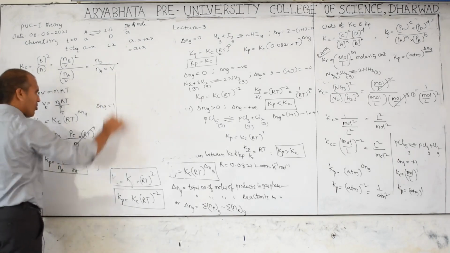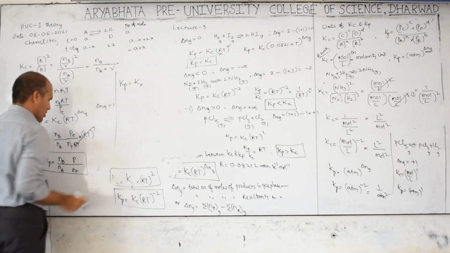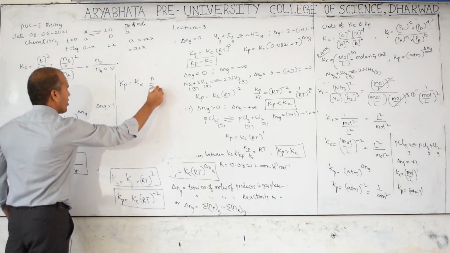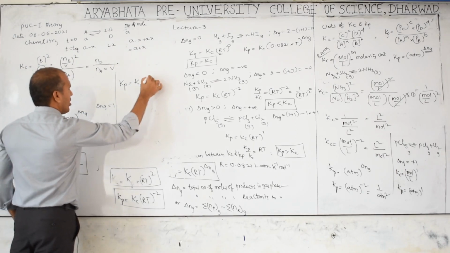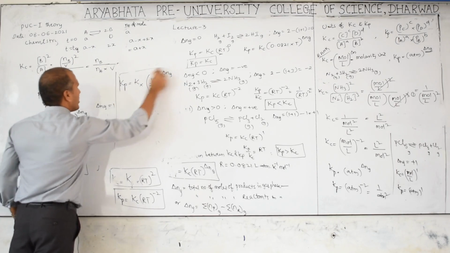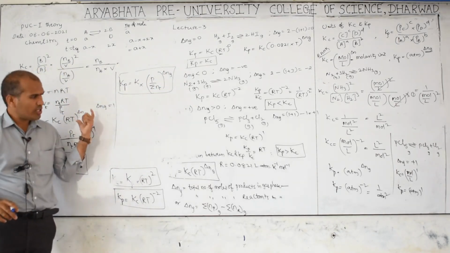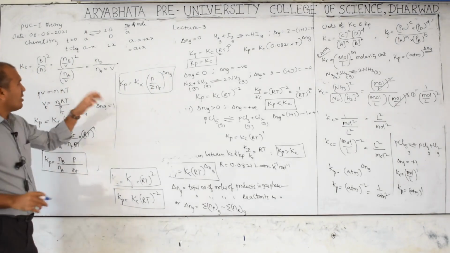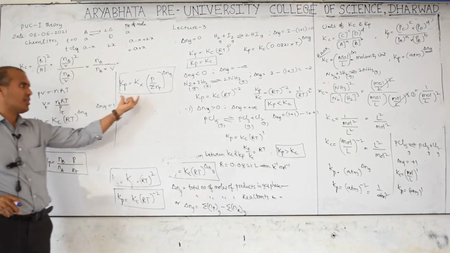So the generalized form can be represented as Kp is equal to Kx and P by total number of moles, Nt meaning total number of moles at equilibrium, whole power delta Ng. Like this the relation also will be there, but this equation will not appear in your textbook. For competitive exam purposes this is important. This I derived for understanding purposes. You have to remember this directly.